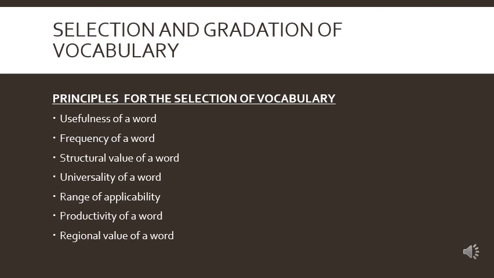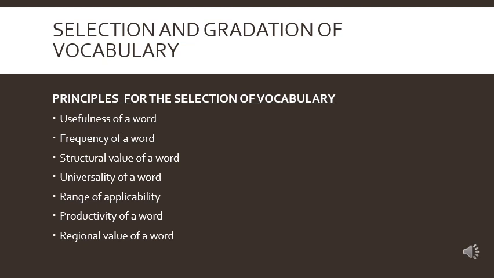Whichever word is immediately needed should be taught first. For example, words such as read, sit, eat, stand can be selected, and words like honest, terror, attitude can be taught in a later stage.